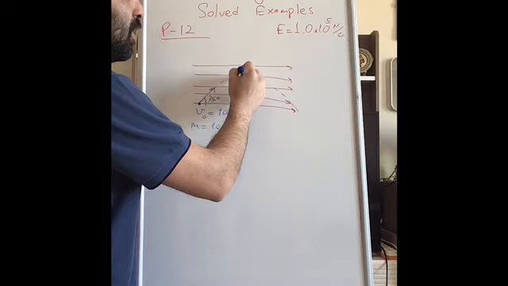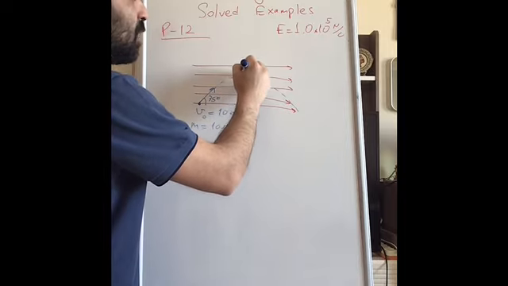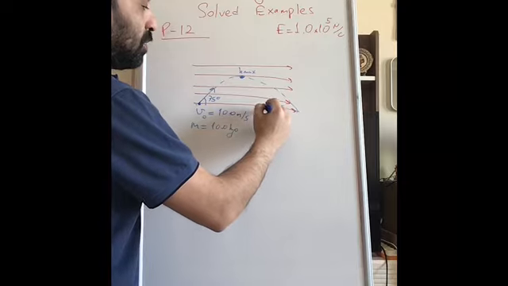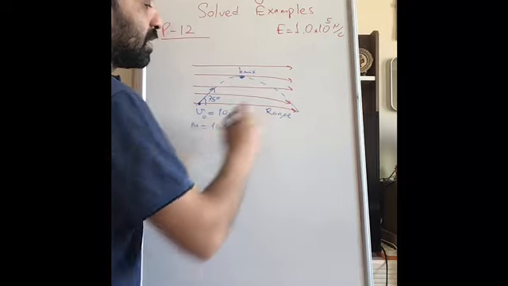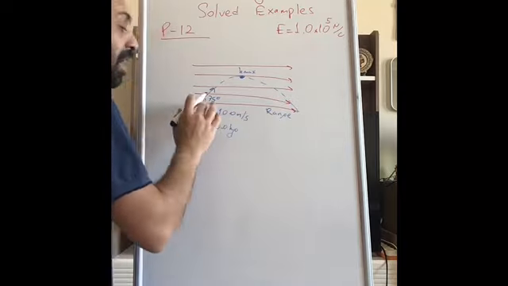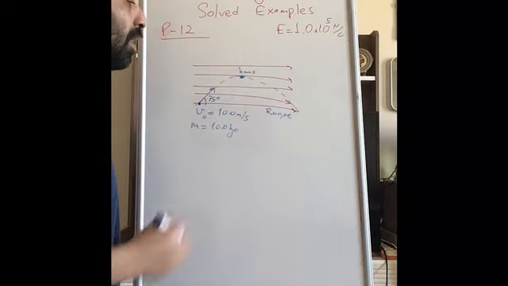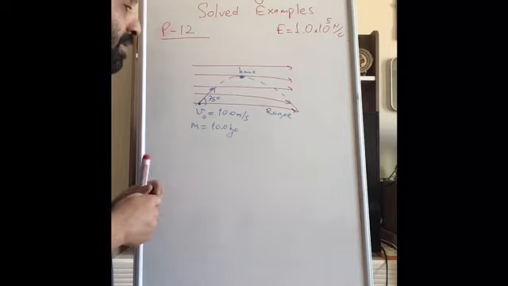We are going to call this H max, and from here to here is going to be the range, the maximum distance from its shooting point along the horizontal axis.